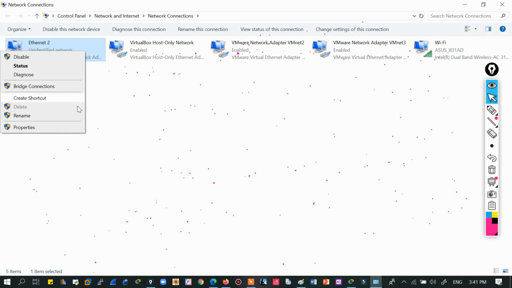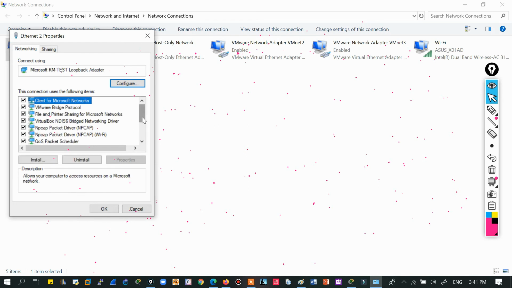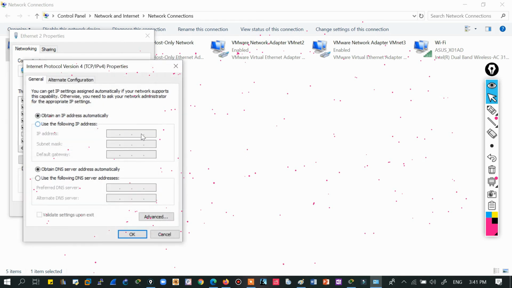When you go to Properties and then IPv4, you can see this is where I need to assign my IP. You put the IP, it will pick the default subnet mask, we'll talk about gateway and DNS later. So this is where you assign your IP.